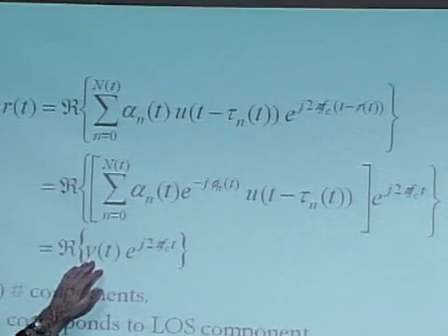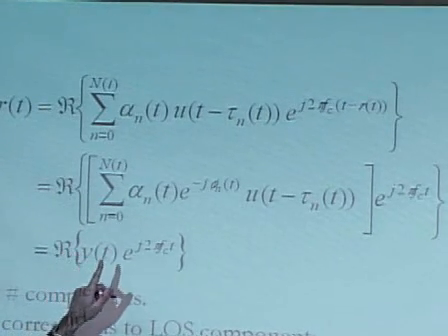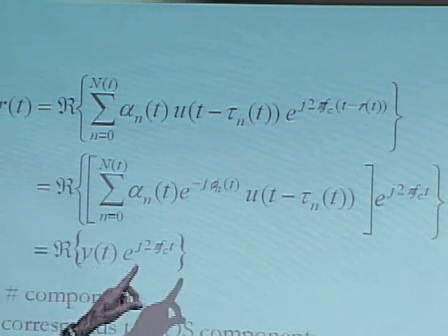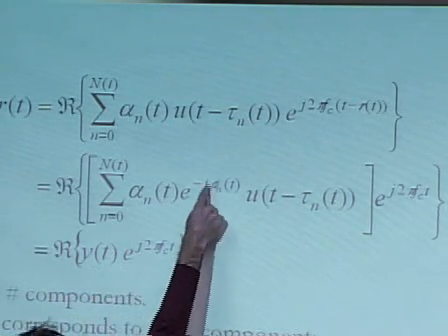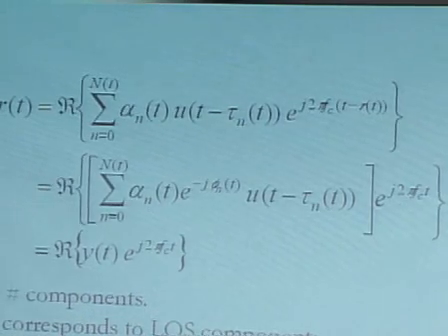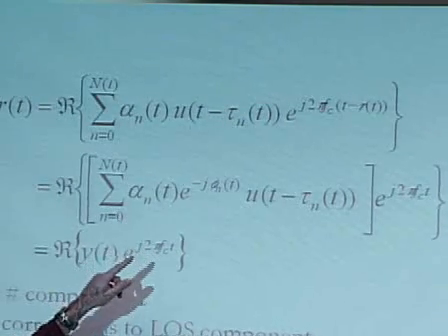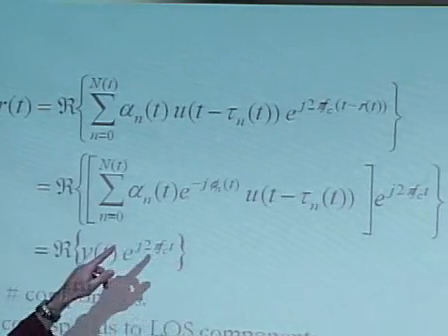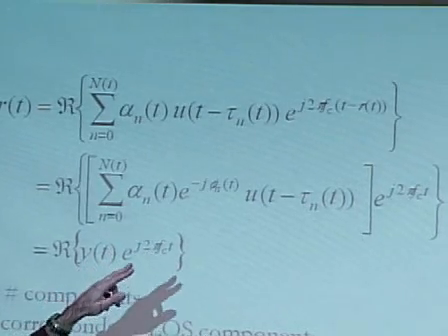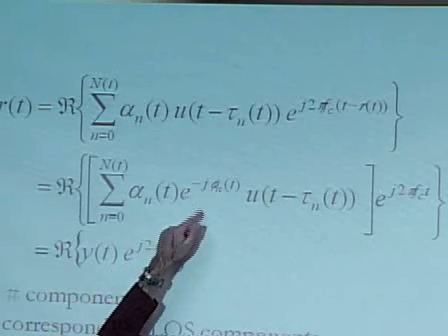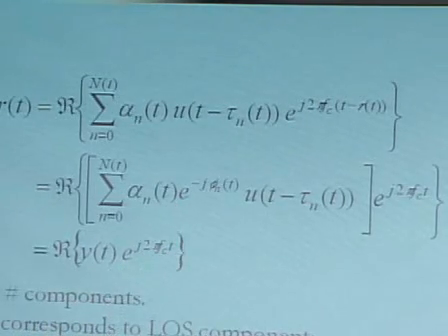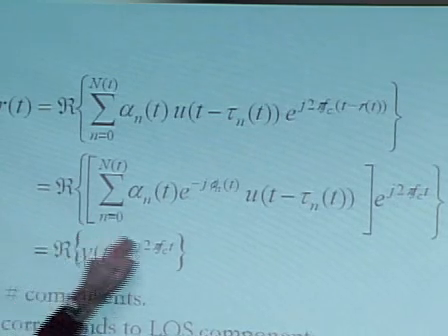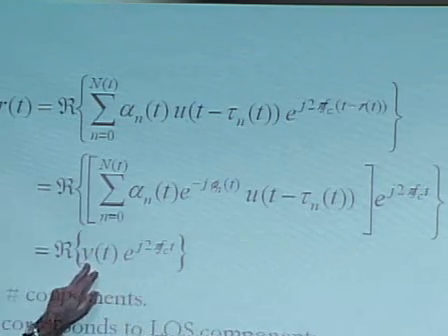One more clarification: I replaced 2 pi fc tau on the top by phi. So I'm applying this definition here. Going from the first to the second equation, I apply this definition and replace e to the minus j 2 pi fc tau on the top with e to the minus j phi. I hope I don't lose you there. As I said, I'm going to call all this stuff in brackets y of t.